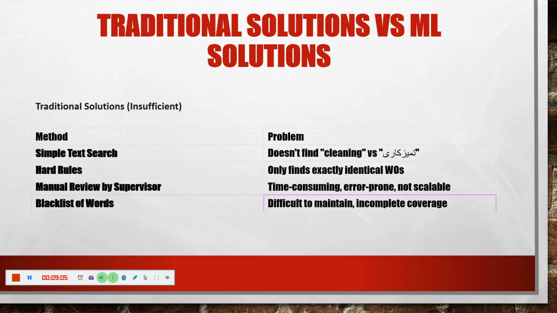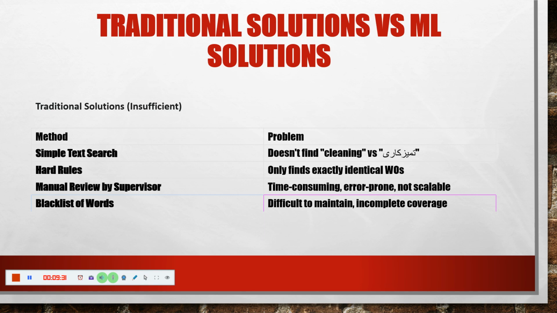Generally, we try to use both traditional solutions and ML solutions to reduce this duplicated percentage in our systems. Traditional solutions use methods like simple text searching, hard rules, manual review by a supervisor, and a blacklist of words.